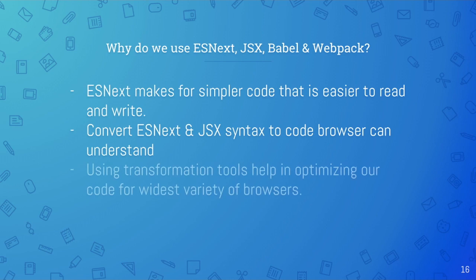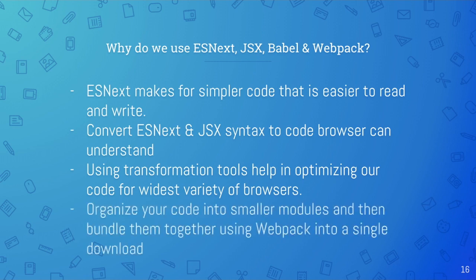And using transformation tools helps in optimizing our code for the widest variety of browsers, and organizing your code into smaller modules and then bundling them together using Webpack into a single download, which we just spoke about. So all of this I've already explained. It's just a reiteration, just to recap.